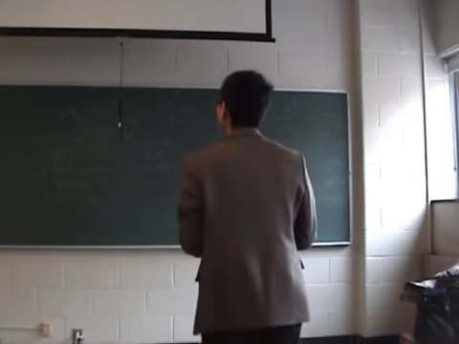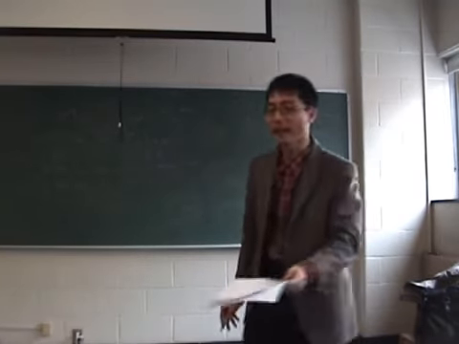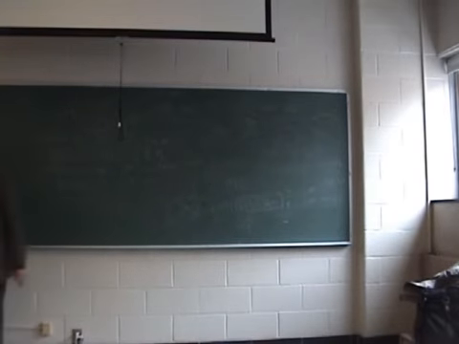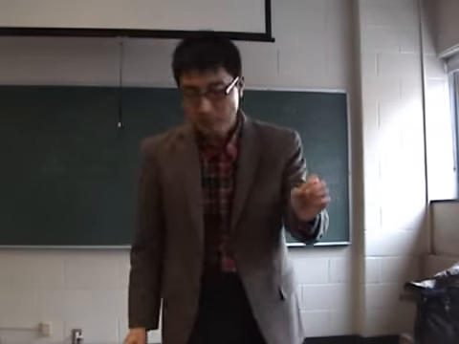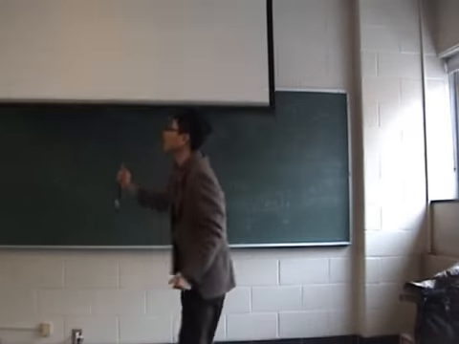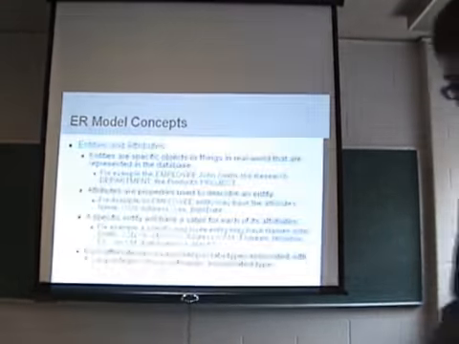For the multi-value, we are going to use the double oval. Okay? That is up to the second step: finding entities, and then finding attributes. Question? Multi-value, use double oval? Yeah, double oval. We will see a real example, because my handwriting is not very good.